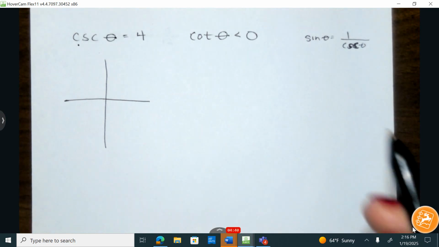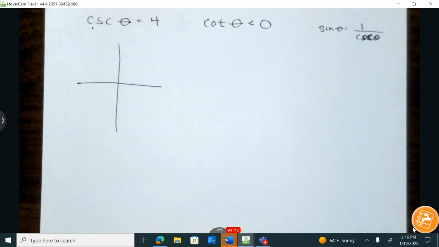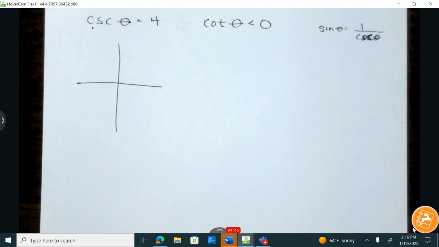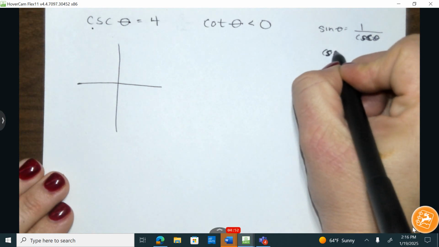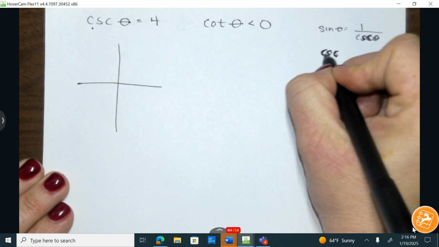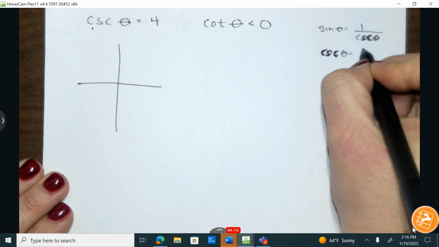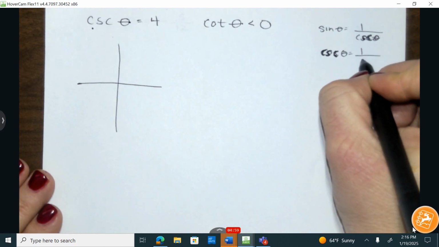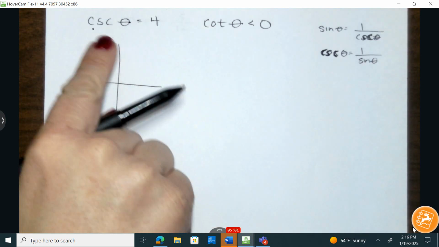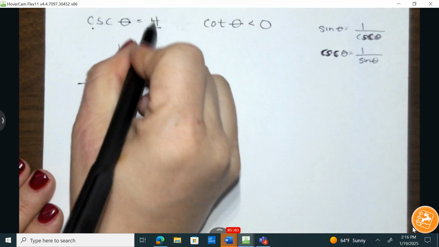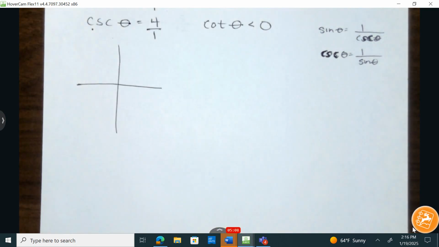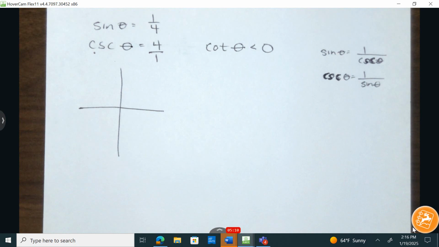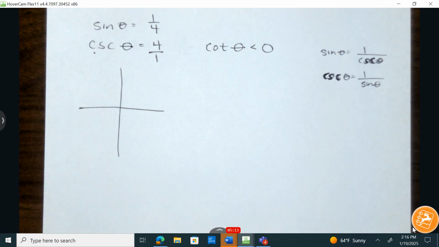Sine is equal to 1 over cosecant, which means that if I know the cosecant, I can simply take the reciprocal for the sine. So for example, if cosecant is 4 over 1, that means the sine is 1 over 4, just simply the reciprocal.